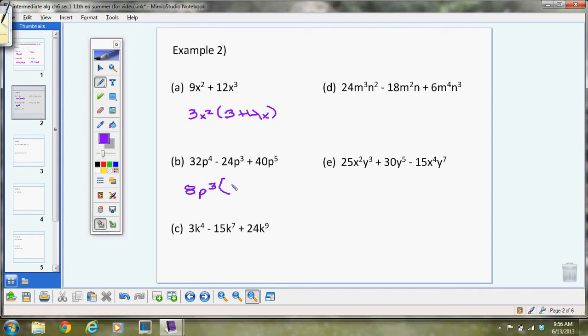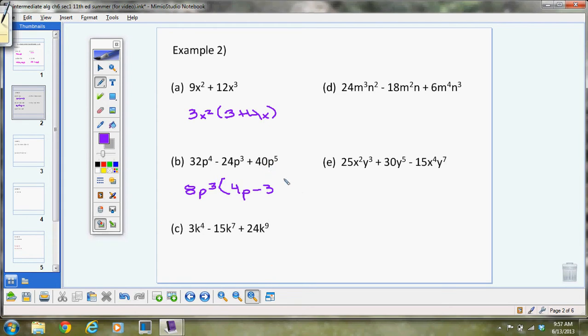32 divided by 8 would give me a 4. So I'm going to have a 4 in my parenthesis. P to the 4th, and I'm taking out 3, so I'm left with 1 p right here. Then negative 24 divided by 8, that's a negative 3. P cubed, and I'm taking out p cubed, so I'm left with no p's on that one.